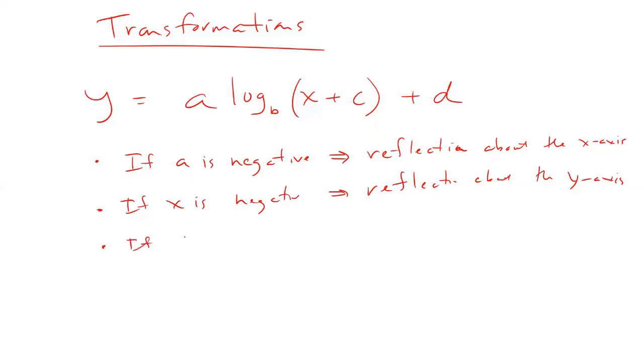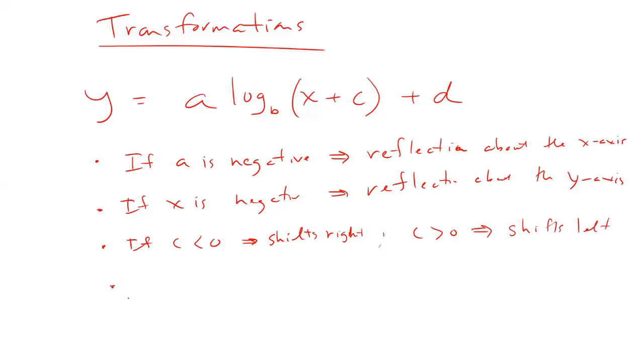There's two parts here. If c is less than 0, remember this is the funny one. If it's less than 0, we move off to the right. If it's greater than 0, we move off to the left, right? It's always going backwards from what you'd expect. So if c is less than 0, it shifts right. If c is greater than 0, it shifts left.